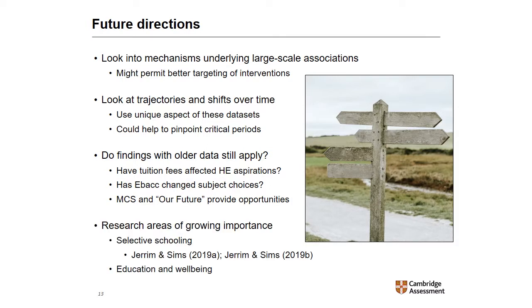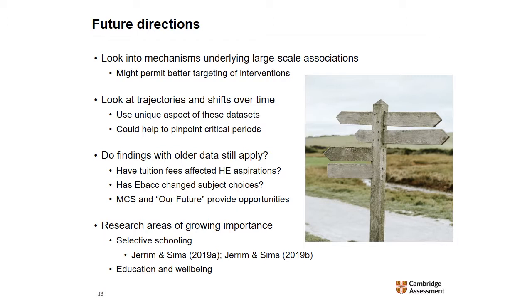And then finally, we shouldn't just think about what has been done. It's not a limited subset of things that we can actually ask about. There's a whole range of things these data sets could be used to ask about. So any areas of growing importance could be addressed with them. And this is already happening.